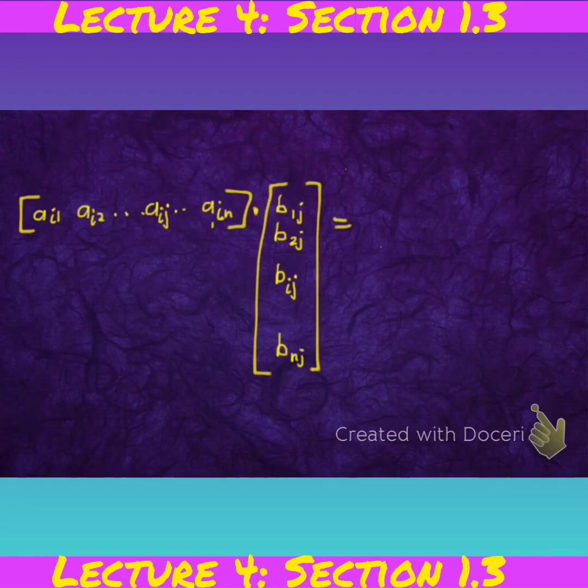When you calculate that, you match up the entries: you take that entry there, multiply it with that entry there, and then add that to the next one, multiplied with the second one there.